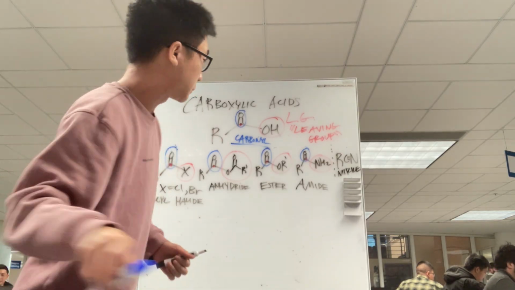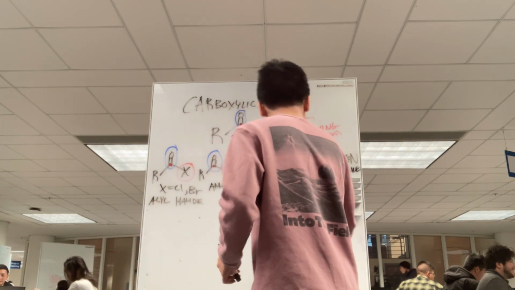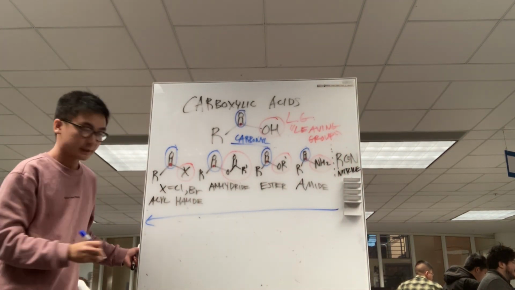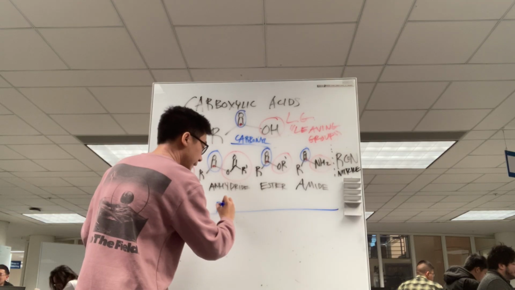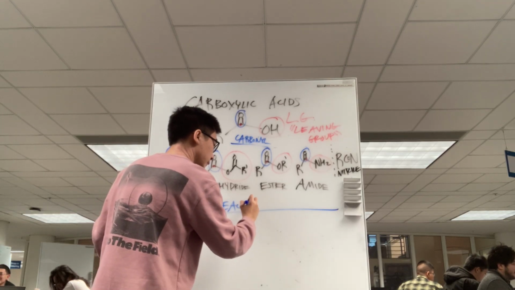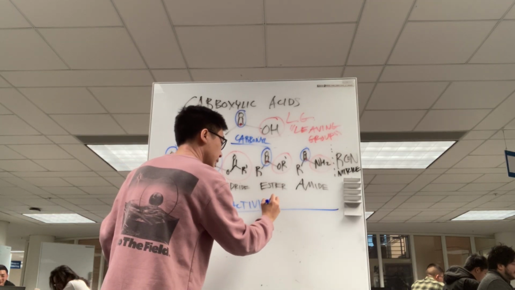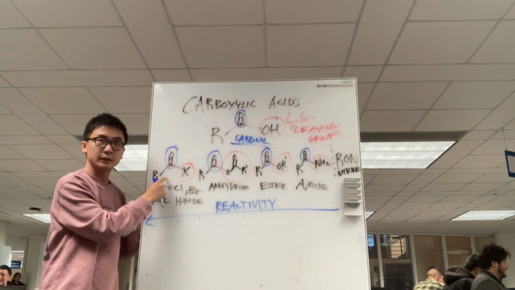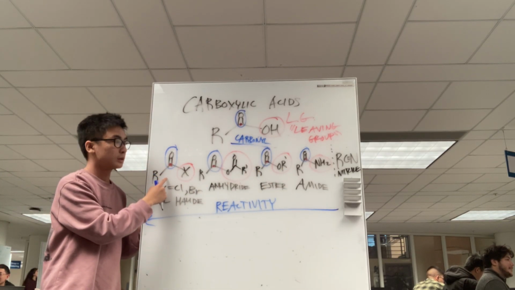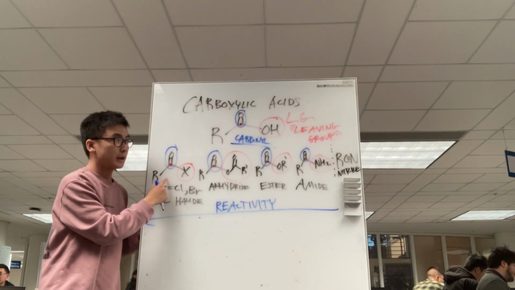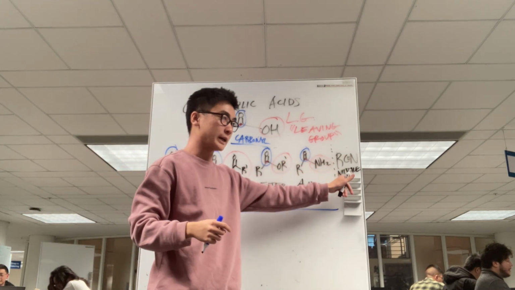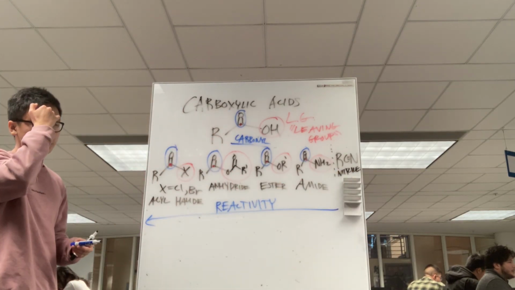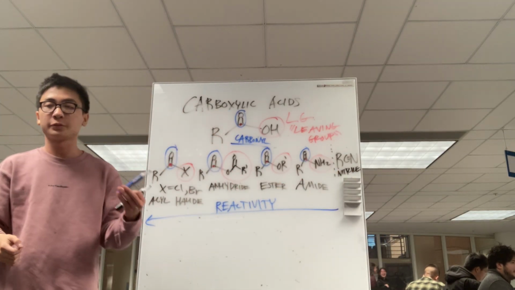I put the carboxylic acid derivatives in this specific order because going from right to left will increase the reactivity of these derivatives. So, acyl halide is the most reactive carboxylic acid derivative, and nitrile is the least reactive. That's very important to know because that'll help you figure out what reactions are going to happen.